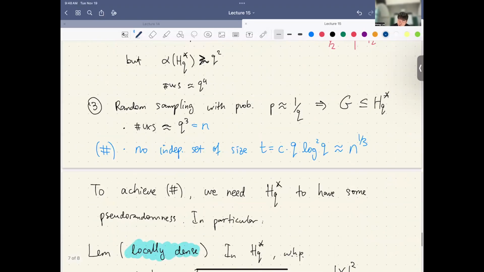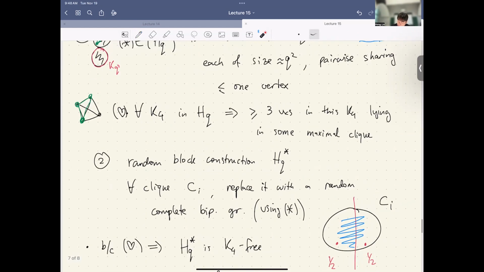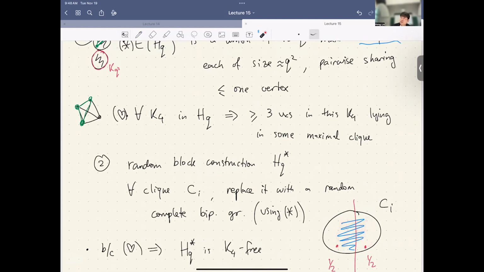If you don't do this random bipartition, it's easy to prove. And doing this random bipartition intuitively doesn't affect local densities, right? The edges are still there, at least when the set is much bigger than Q squared. But this pseudo proof that we carry out will fail for HQ star. It works for HQ.